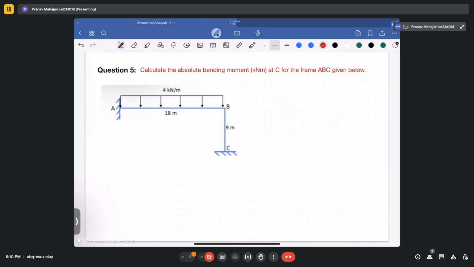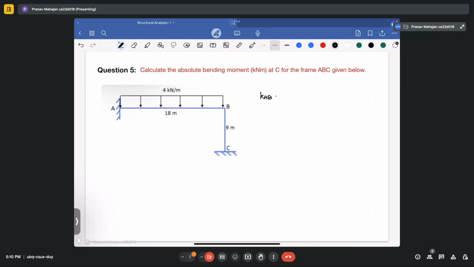In this case, you are required to calculate absolute bending moment for point C. This question is similar to the previous question that we had solved, but in the previous question we were interested in calculating the absolute bending moment at A. In this question we are interested in calculating the absolute bending moment at C. So let's solve it. First we will calculate the absolute stiffness factors.